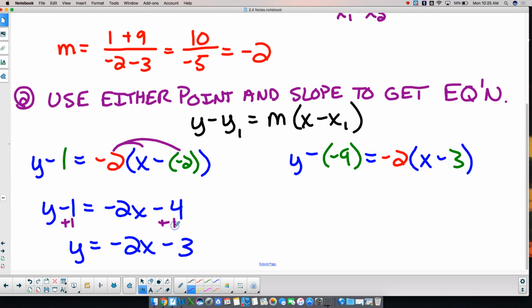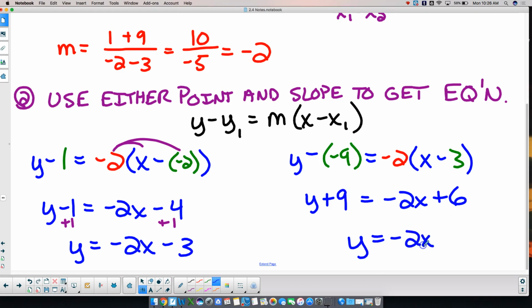Over here, this would become y plus 9 equals negative 2x plus 6, which then becomes y equals negative 2x minus 3. So either point gets me the same line, as it should.